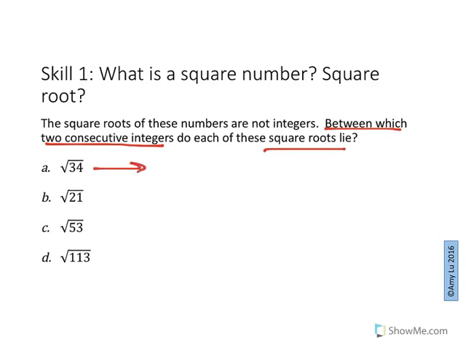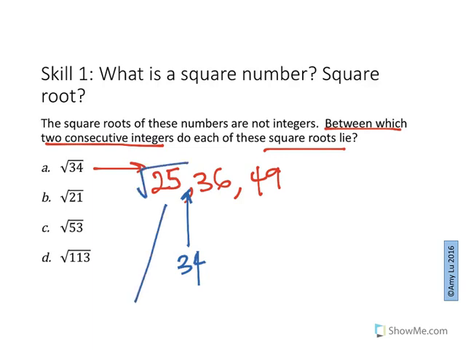So for example, 34. I know that of all the numbers in a sequence, 36 is a square number. I also know that 49 is a square number. I also know that 25 is a square number. Now, 34 is somewhere right here. So I have to ask myself, well, what numbers does it lie between?